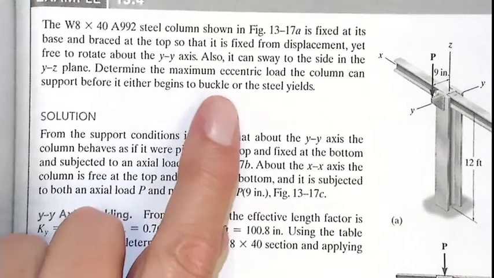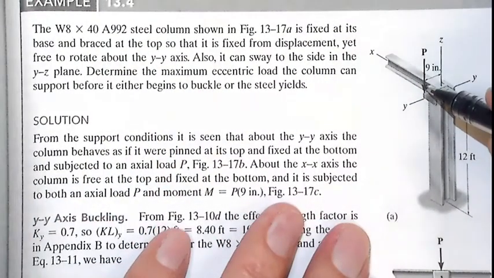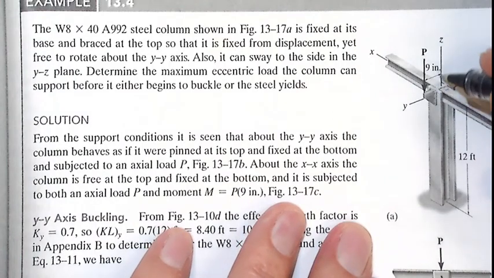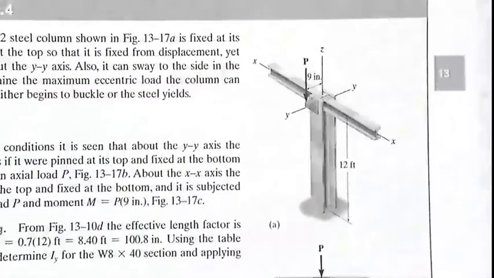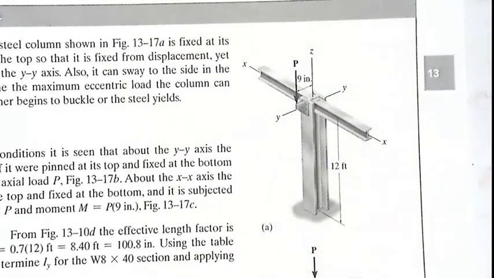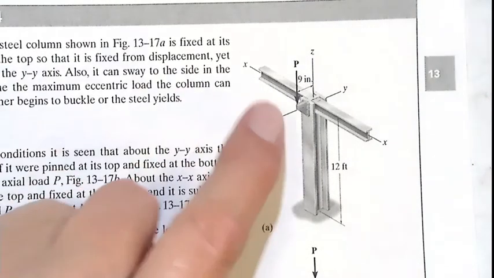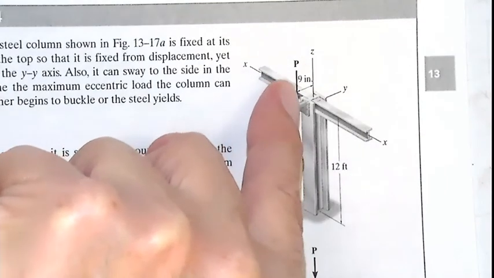Determine the maximum eccentric load. Look, please, this load is not applied centrally here. Why? Pay attention, loads come from the environment. The environment does not take my course or Euler's course. The environment acts as it acts.